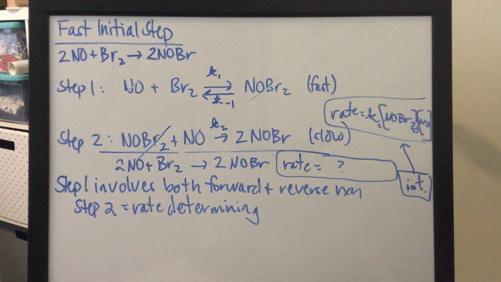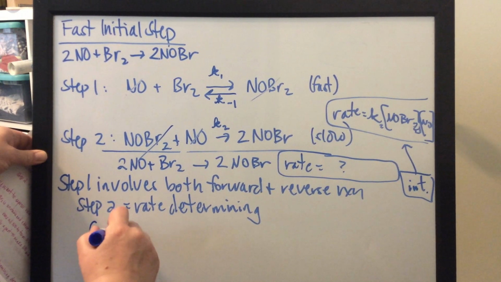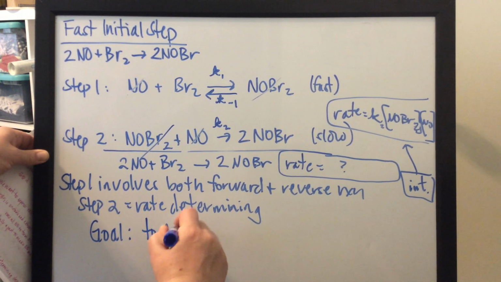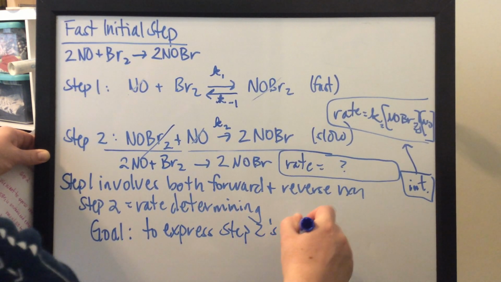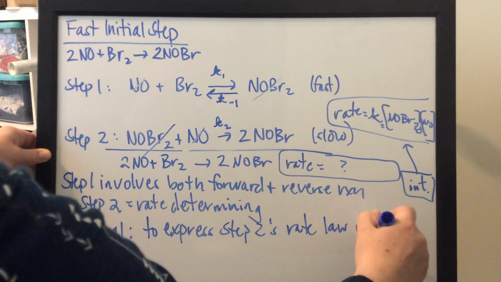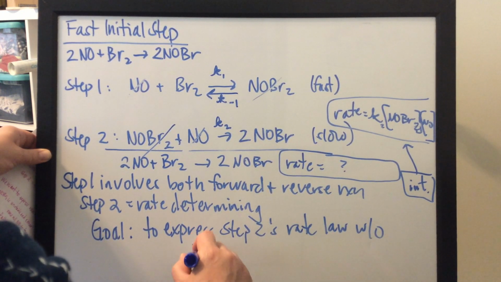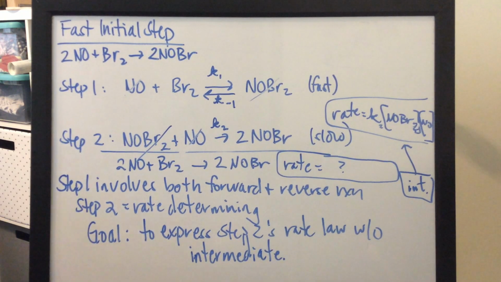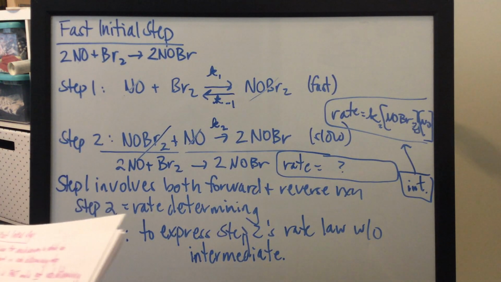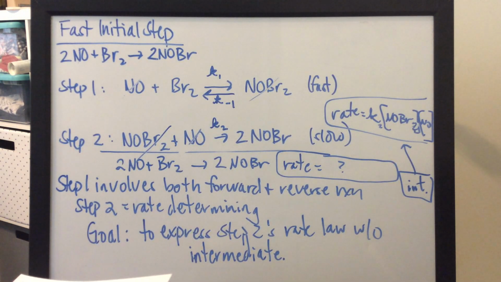We don't see intermediates in rate laws. So we have a goal, and that goal is to express step 2's rate law without the intermediate. Okay. So, my goal is to express this rate law, but I need to get the intermediate out of it.